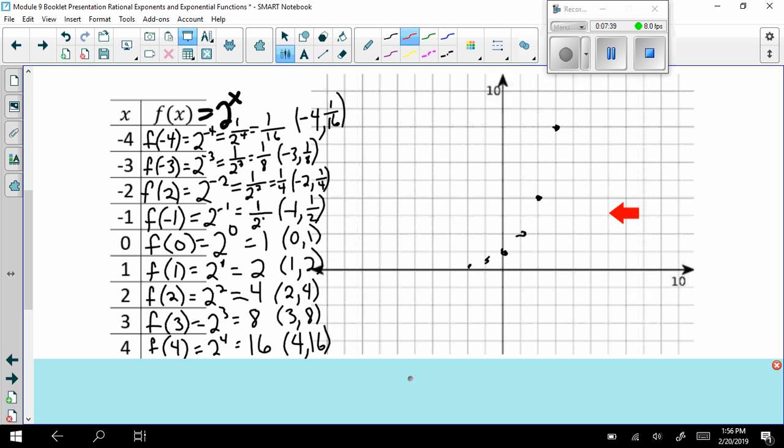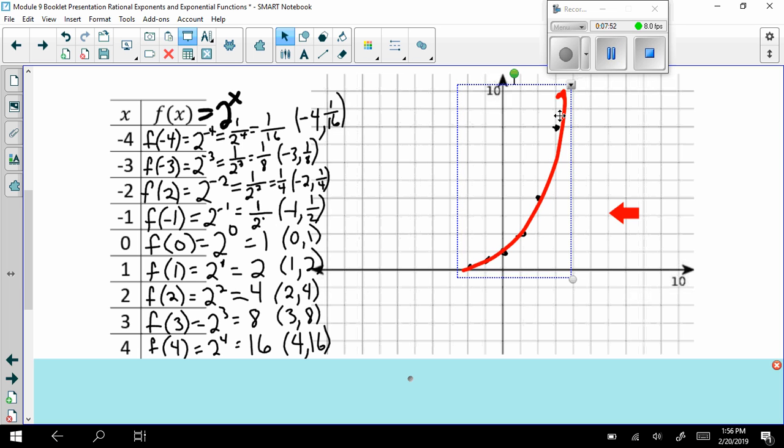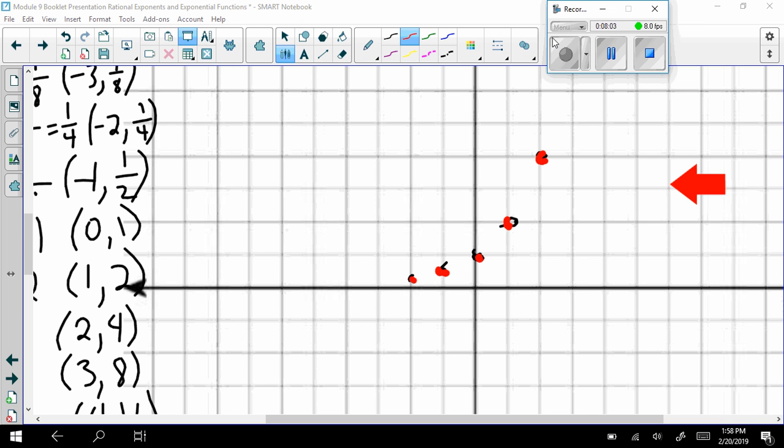I do want you to notice here, as I connect that way, I'm connecting all my points. And then on this side, they're going to come down, and it's going to ride right above the x-axis. Okay, I zoomed in so we could see it a little bit better.